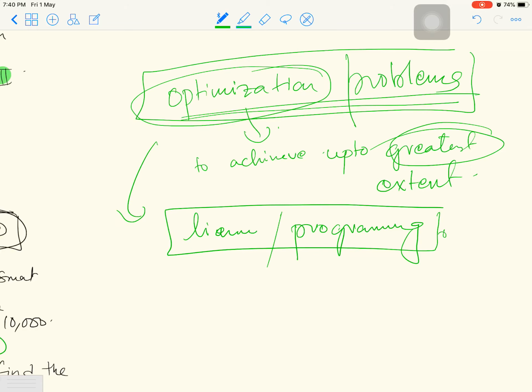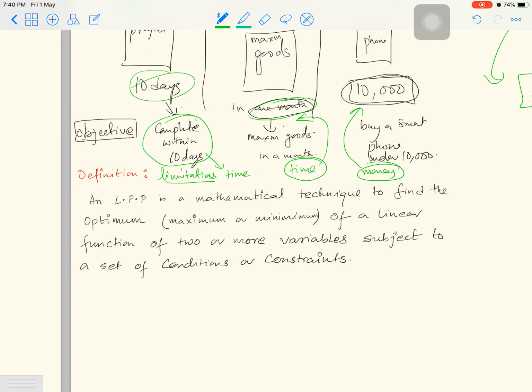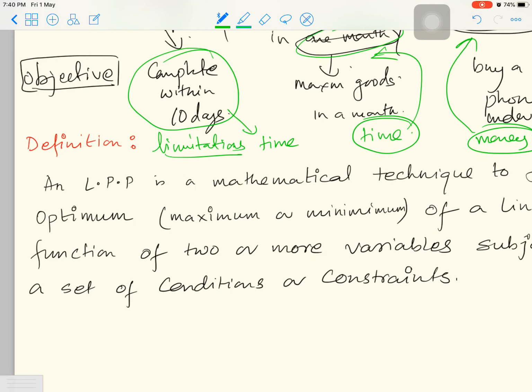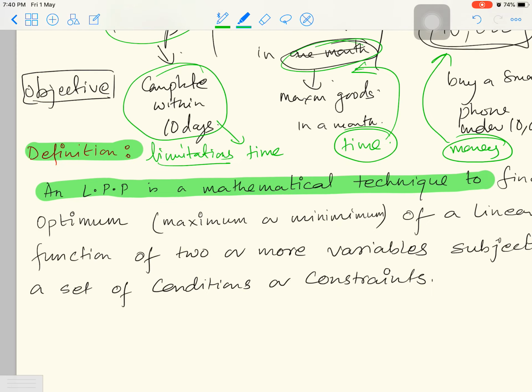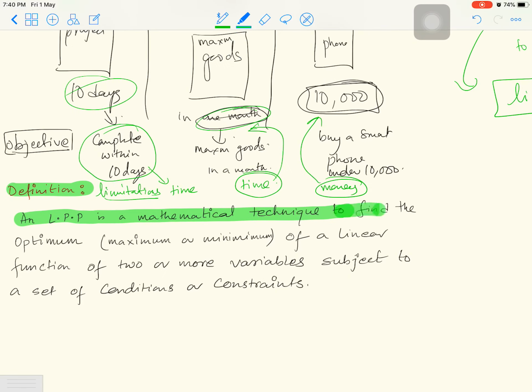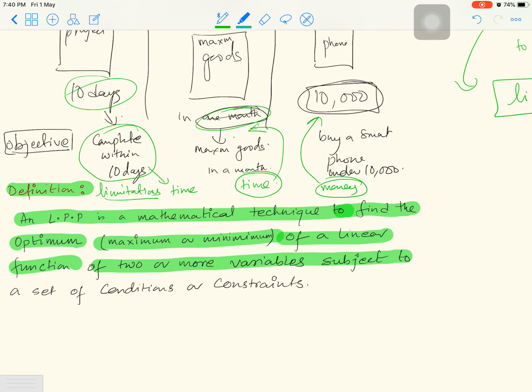Let's come to the definition now. What is the definition of a linear programming problem? The definition says, an LPP is a mathematical technique to find the optimum, maximum or minimum, as I told you, up to the greatest extent, of a linear function of two or more variables subjected to a set of conditions or constraints.